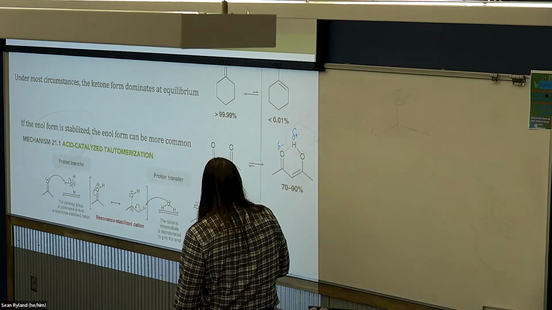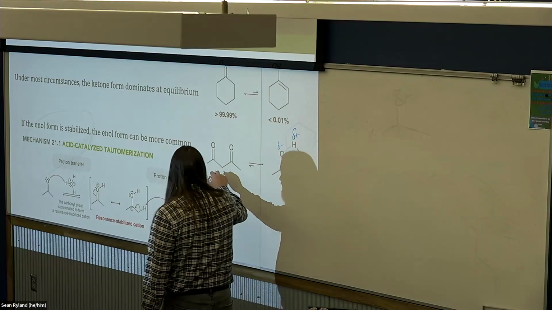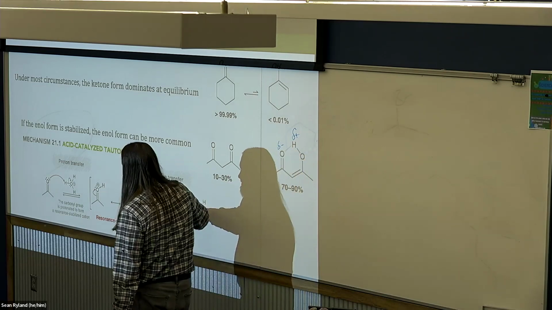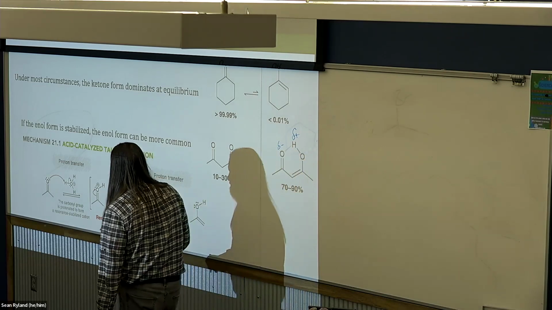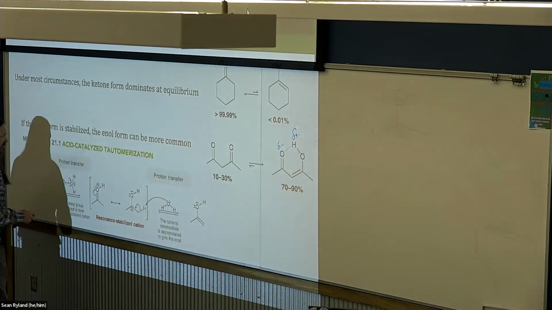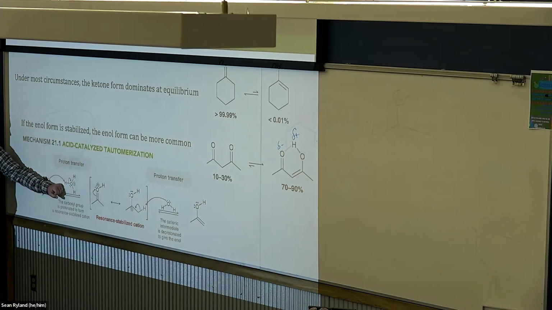Right. So it is somewhat stable because all we really did when we did this rearrangement, this was our mechanism for it. If you have a little bit of acid around, the base catalyzed tautomerization looks pretty similar, just with the steps flipped, remember? So we can protonate that oxygen first. So it's not the same hydrogen that was attached to the alpha carbon.